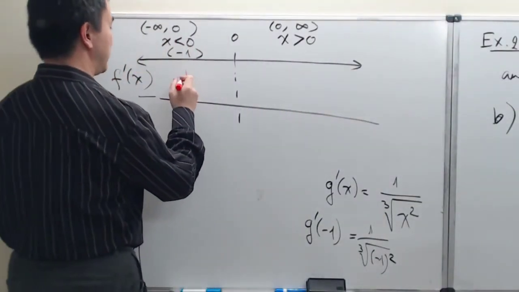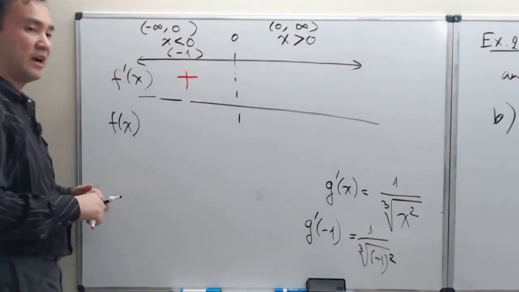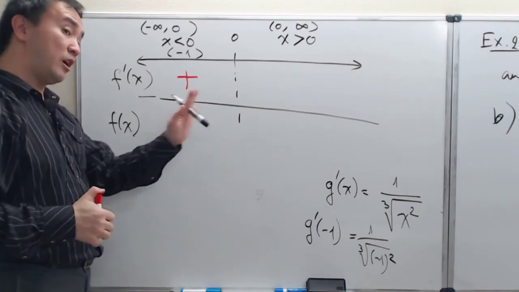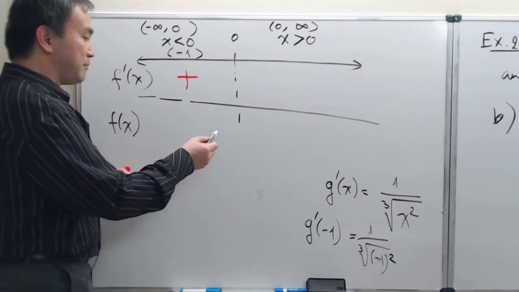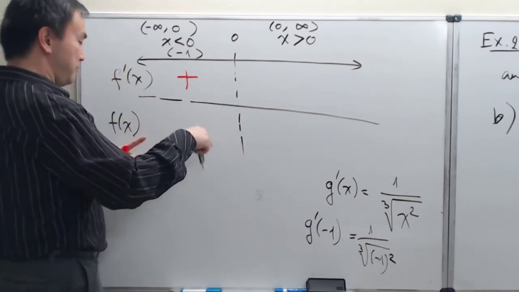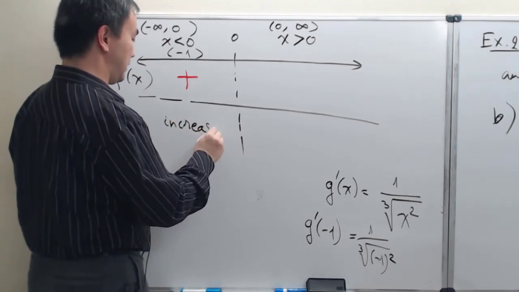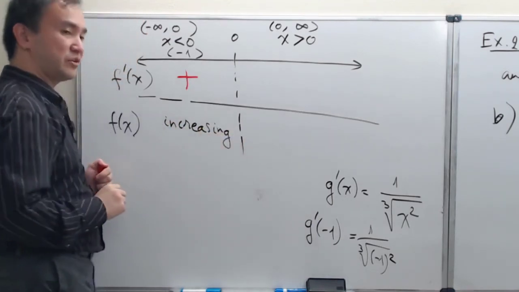We have a positive sign for our derivative in that first interval, and we only have 2 intervals, so we're almost done. That means in this interval our function must be increasing.